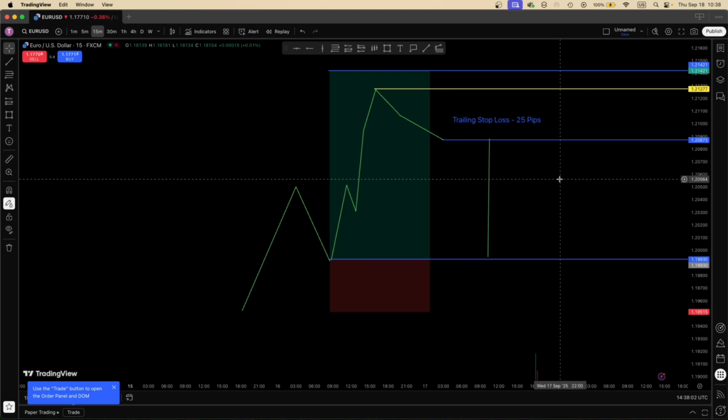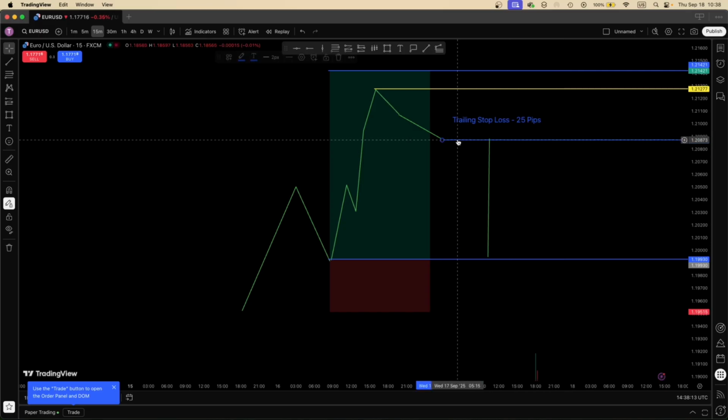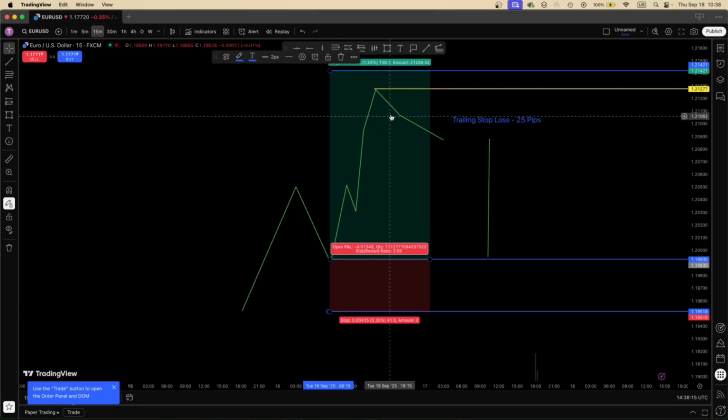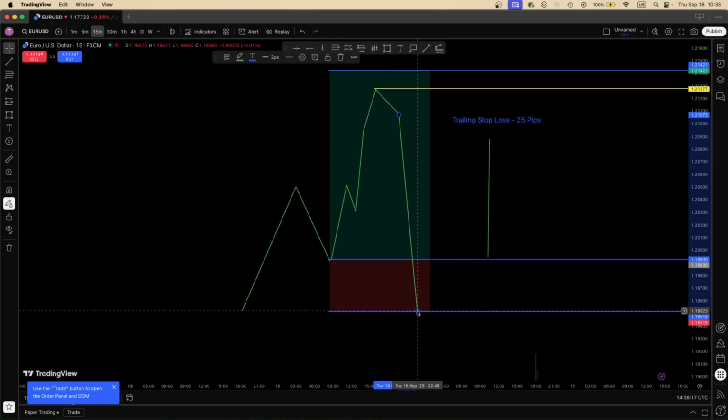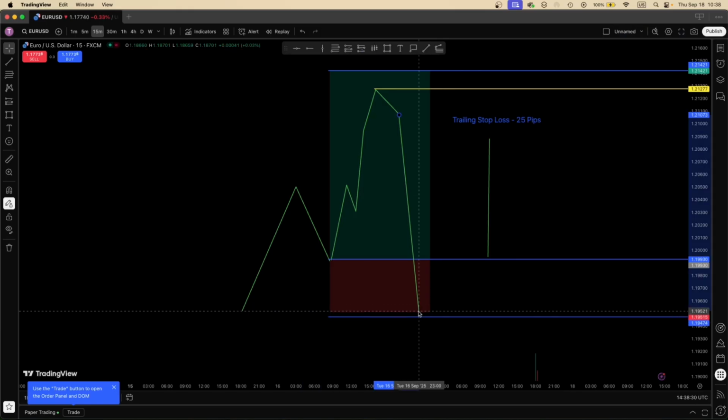So the common mistake that I see beginner traders do is they have something called mental stops. They don't put a stop loss, but they say, if the market were to come down to this area, I want to stop my position. What tends to happen is, when the market is around this level, you will tell yourself, you know what, maybe I'll just push down a bit because I think the market is gonna reverse back.